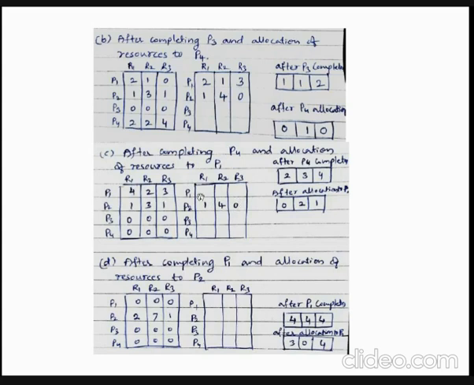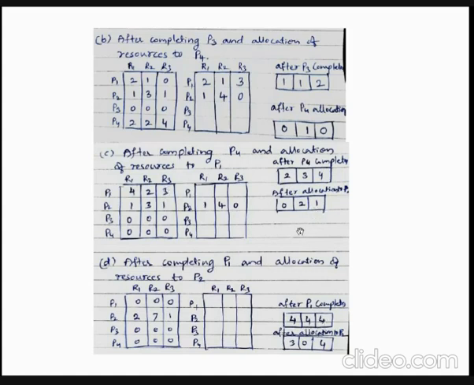Now the only process left is P2, and once P1 is completed, now we'll check the available resource status, right? What we do is the resources which are allocated to P1 will be added to this matrix. So 0 plus 4, we get 4. 2 plus 2, we get 4. 1 plus 3, we get 4.